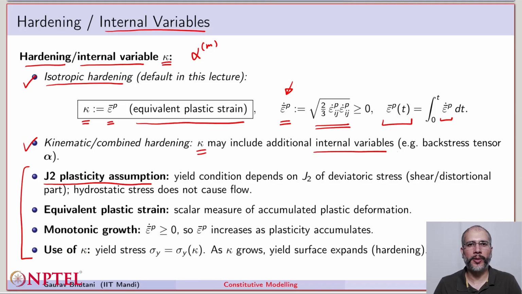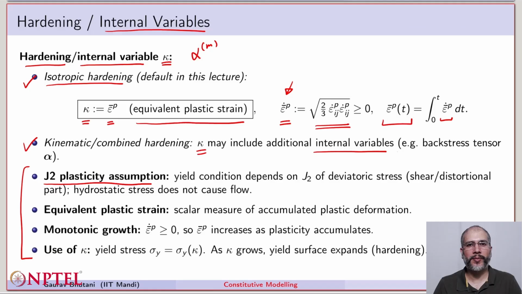We also showed that J2, the second invariant of the deviatoric part of sigma, basically contains the same information as the octahedral shear stress. So it is this plastic yielding that we were talking about at that time, and we get a chance to use that now.